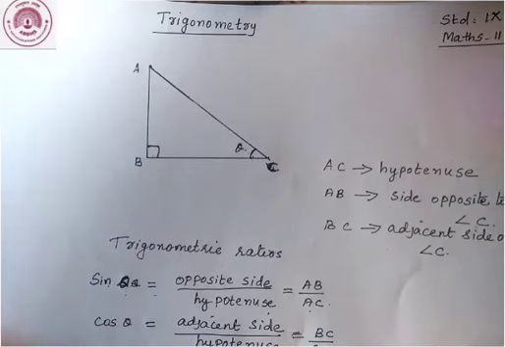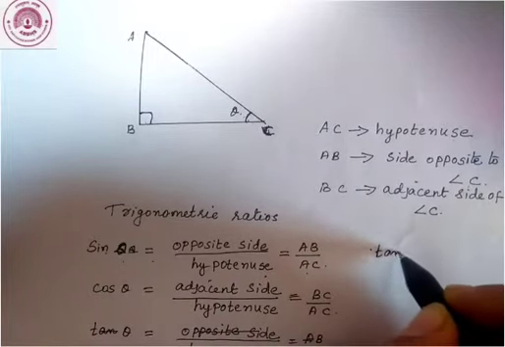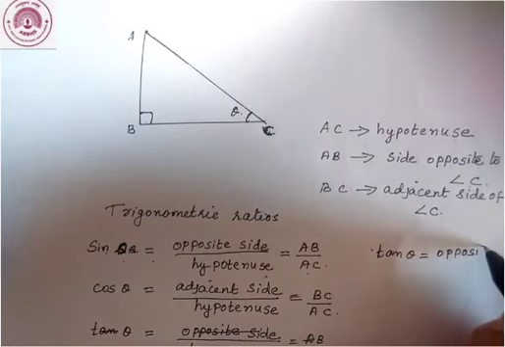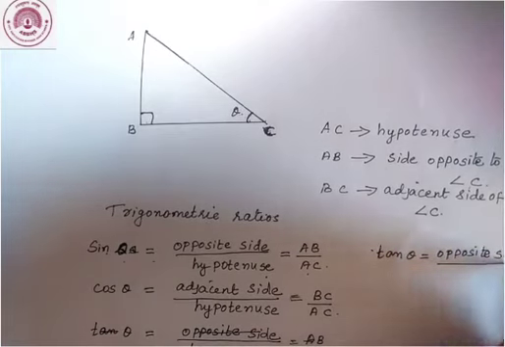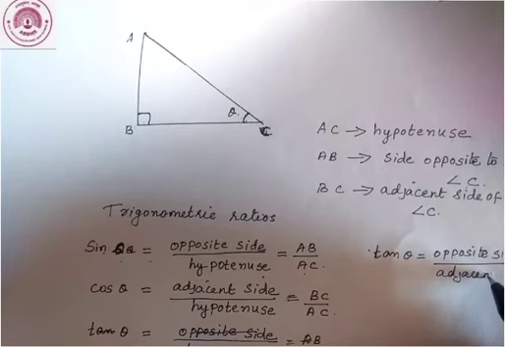Now next is tan theta. Tangent, the short form is tan. Tan theta is equal to opposite side upon adjacent side. What is the opposite side?